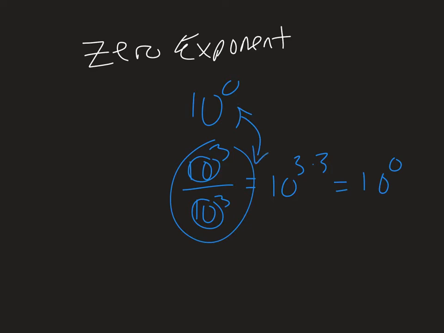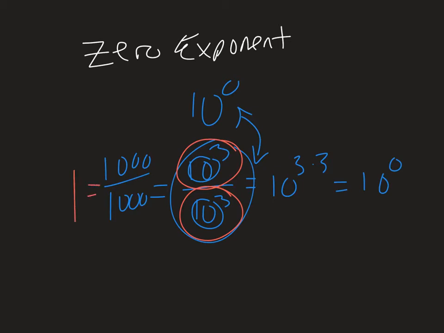Now, 10 to the third power would be 1,000 if I was to write it out. But most importantly, these two things here are equivalent. If I take anything and divide it by itself, I get 1. Since all of these things are equal, 1 must be equal to 10 to the 0 power.